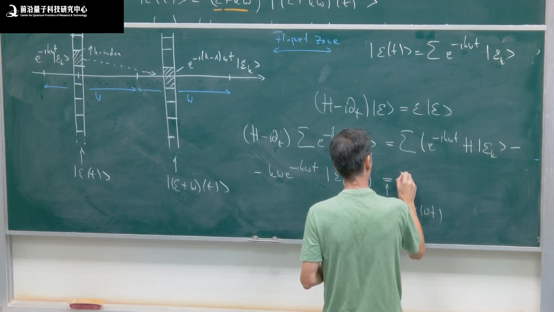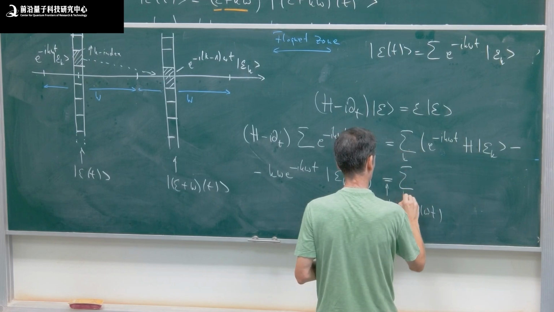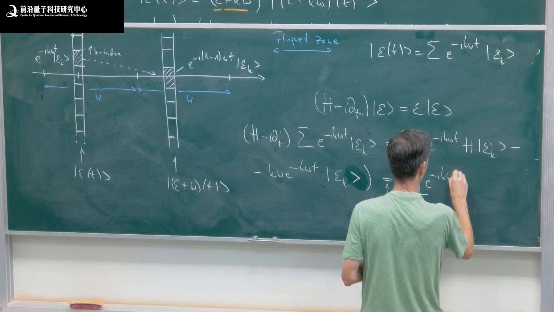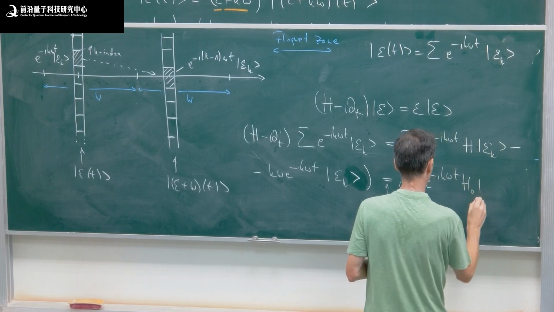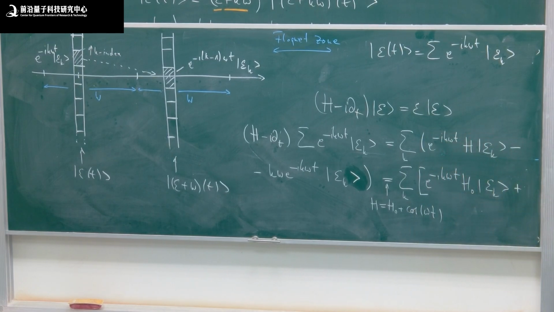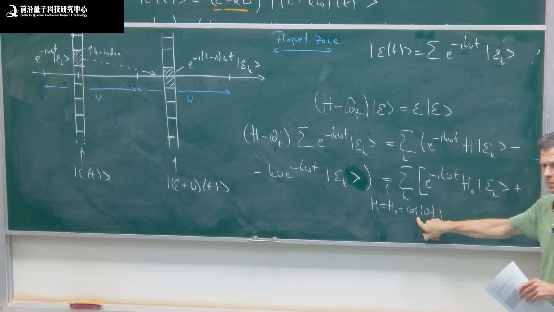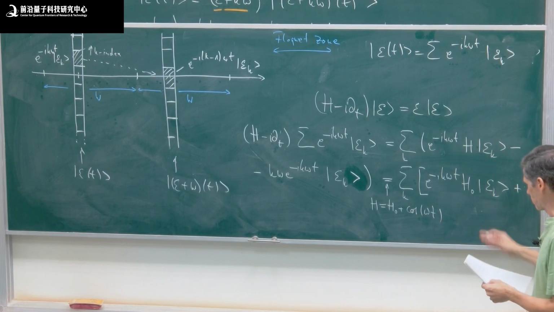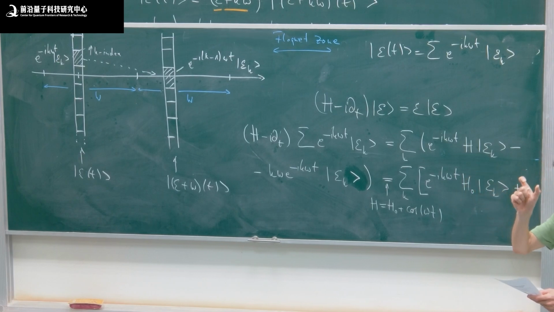I write the sum over k of e to the minus i k omega t, H0 acting upon Epsilon_k, plus the cosine written in Euler representation as a sum of e to the i omega t and e to the minus i omega t, times one half. Remember the coupling was F, the amplitude of the field, times Z, the dipole, times the cosine.